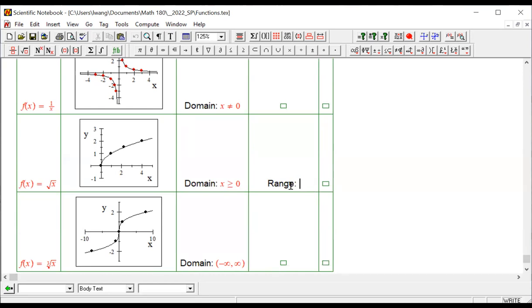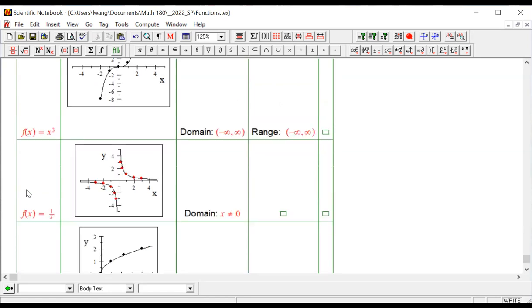So the range for this one is also, it's the square root, greater than or equal to 0. And the last one, the range is all real numbers. Okay, so now we're gonna go back to our reciprocal function.